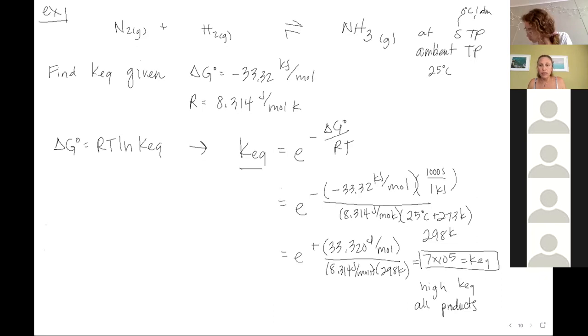So at ambient temperature, at room temperature, the Haber process greatly favors our products. If you notice here, I didn't have to balance the equation and it had no consequence on my final answer, but you do need to balance the equation always. Even though if you work it this way, your delta G is based on an already balanced equation, so it won't really have an impact.